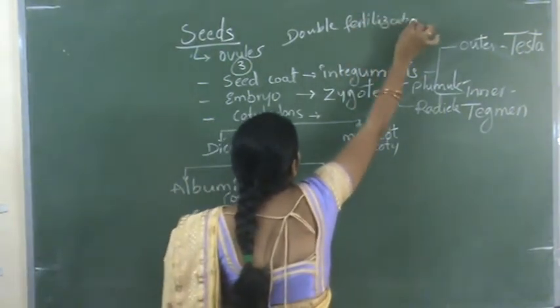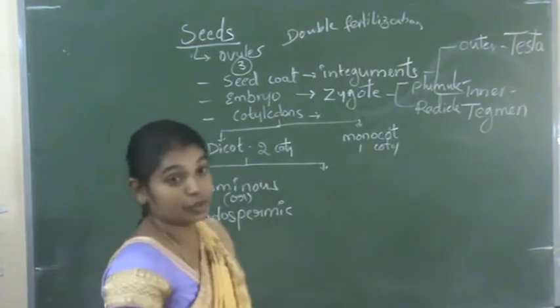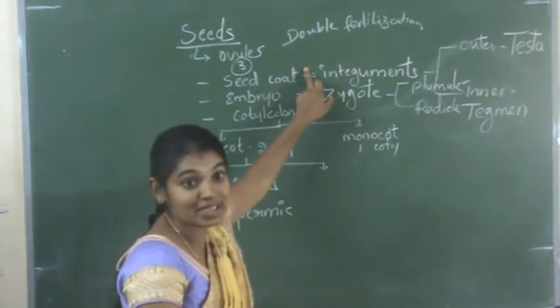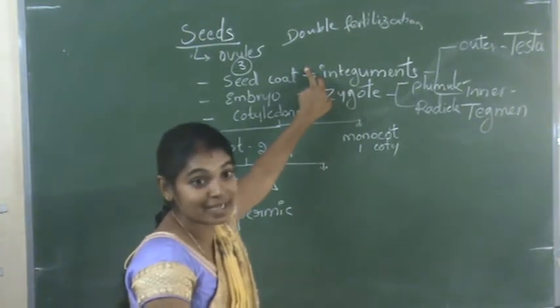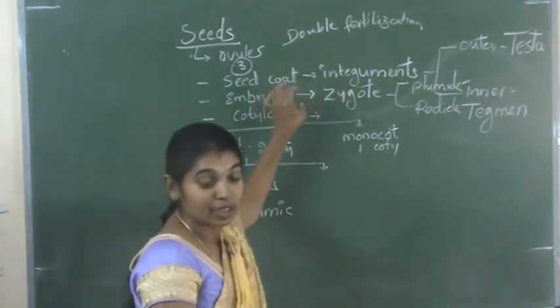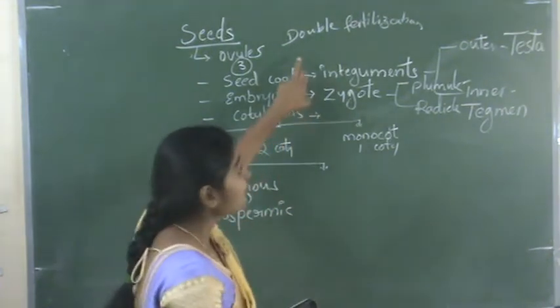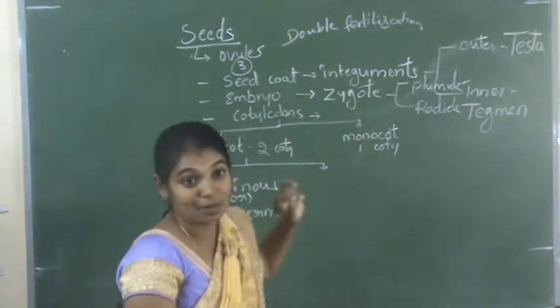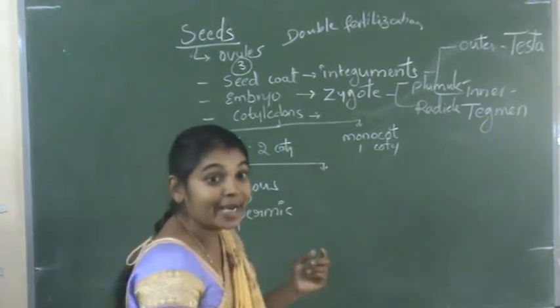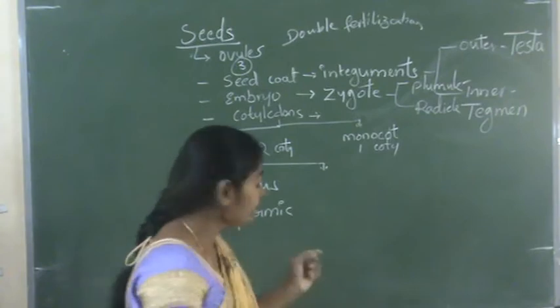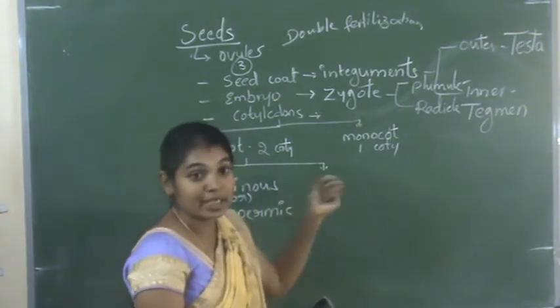Double fertilization. This should be important to know, to remember. As a result of double fertilization, two products are developed. One is the embryo, that is from the zygote, and another one is the endosperm. This embryo is developed into the young plant or offspring, and the endosperm provides nourishment to the developing embryo.